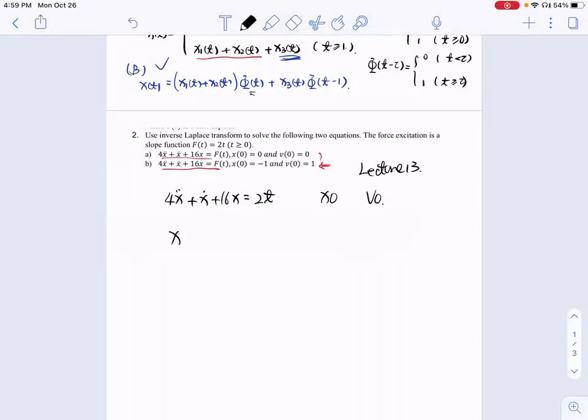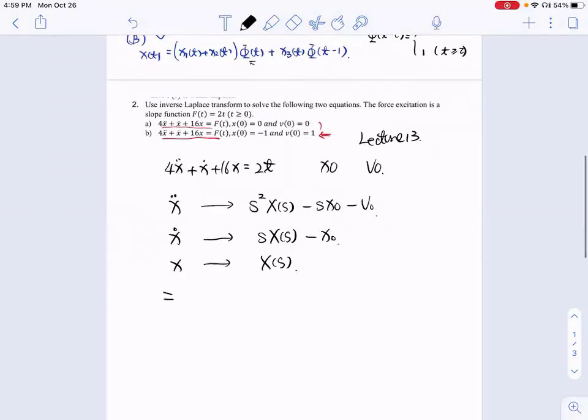So your x double dot after Laplace transform is s squared X(s) minus s x naught minus v naught. Your x single dot is s X(s) minus x naught. And your x is directly X(s).